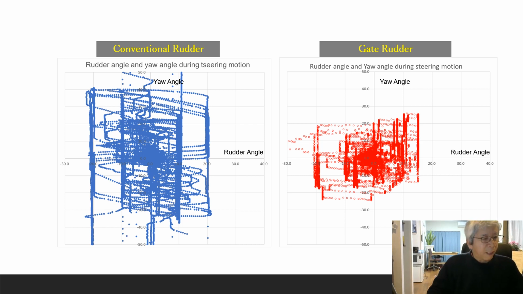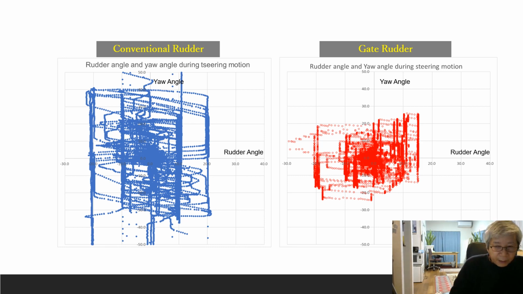Thank you. Today I explained the kick and yaw of the Gate Rudders. The most important thing is that the normal rudder shows very large yaw angles in the beginning of the rudder steering.